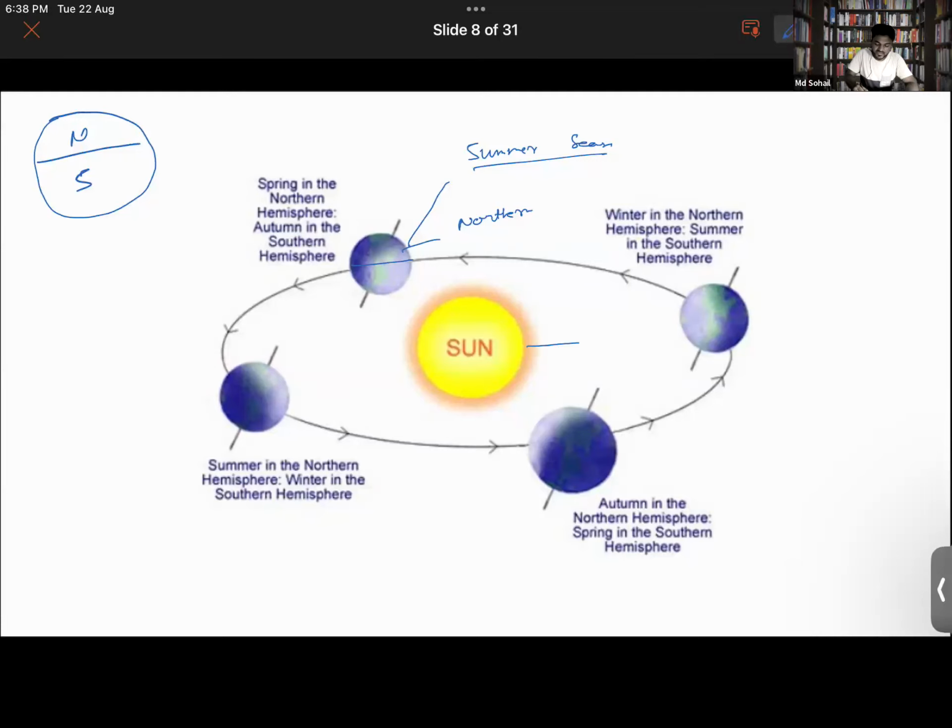Now what happens when the earth is at its farthest distance from the sun? Here, that is the winter solstice. You have two solstices, summer solstice and winter solstice. You will be studying that in geography. So what happens in winter season?